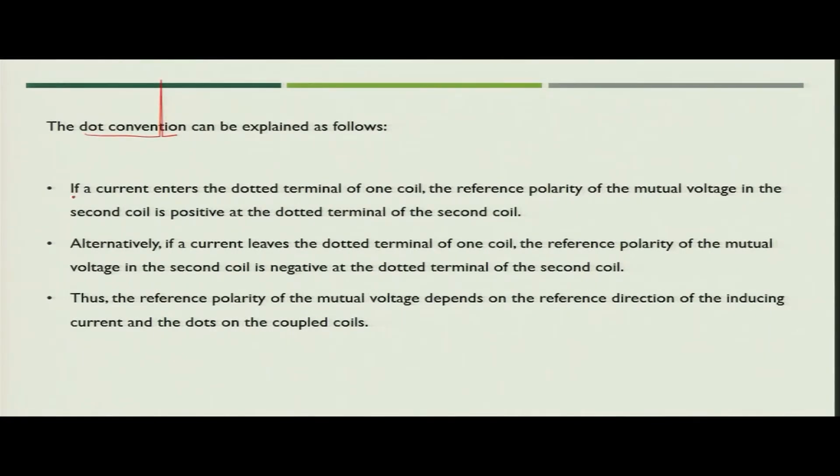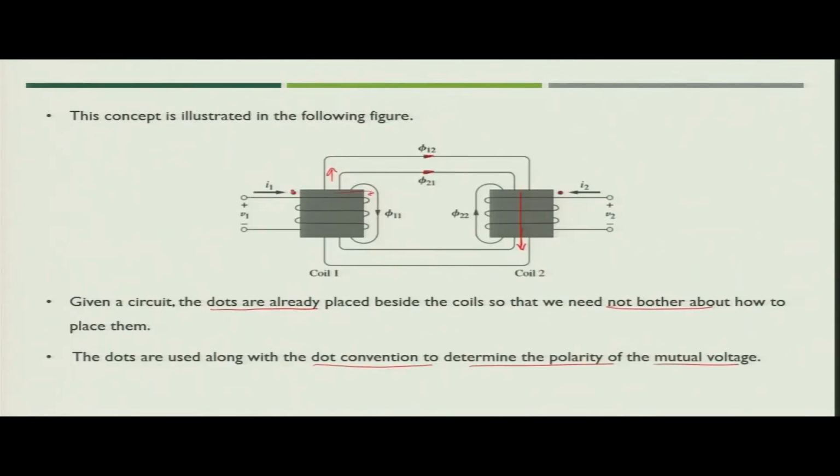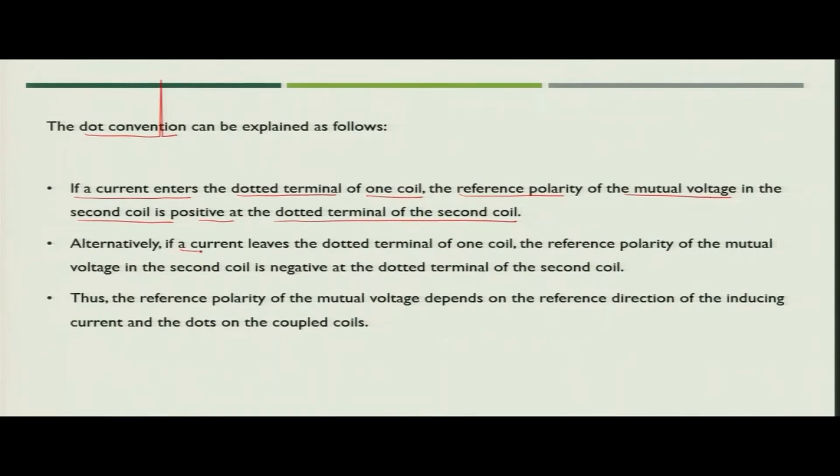If a current enters the dotted terminal of one coil, the reference polarity of the mutual voltage in the second coil is positive at the dotted terminal of the second coil. So, if current is entering here, the mutual voltage will have positive polarity at the dotted terminal. Now, if the current leaves the dotted terminal of one coil, the reference polarity of the mutual voltage in the second coil is negative at the dotted terminal of the coil.